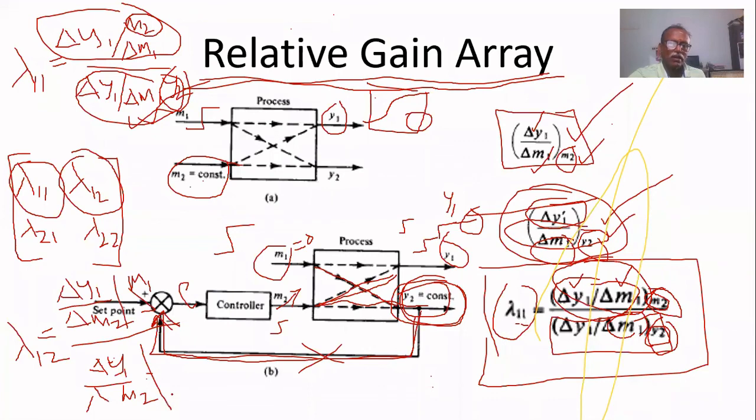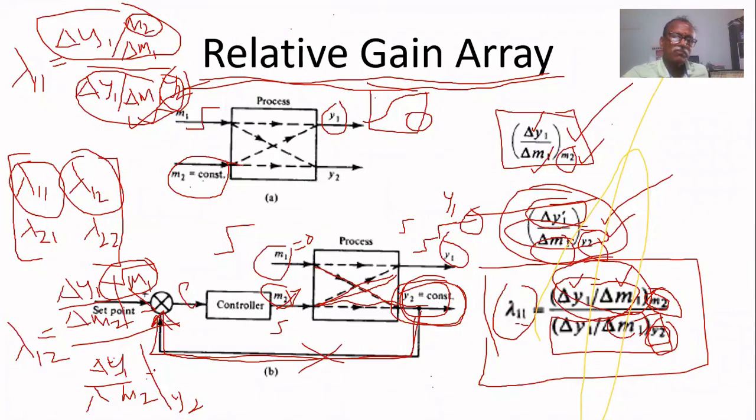Keeping y2 constant, this loop is employed, and you have to give changes in m2 through changes in set point. This is difficult because to generate change in m2, this is in closed loop. That's why it is very difficult to conduct this experiment.